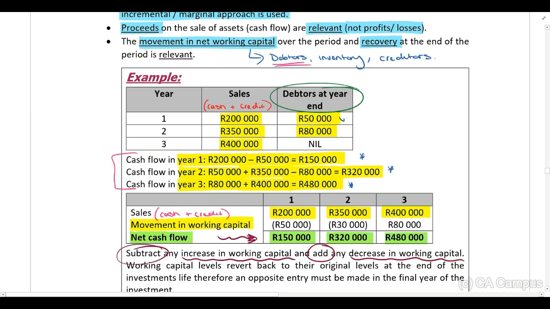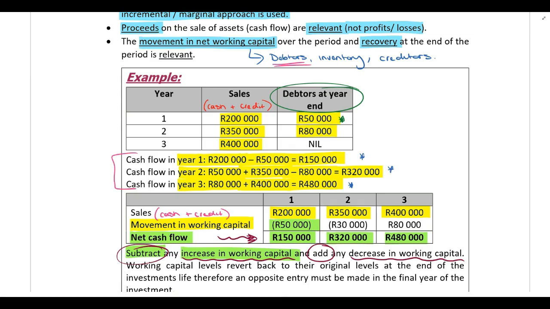At the end of year 1, we have a debtors balance of 50,000 Rand. So that means it increased from 0. I had a 0 debtors balance at the beginning of the year, and it's increased to 50,000 Rand. So what do we do? We subtract any increase in working capital. So I deduct 50,000 Rand in order to get my cash flow for year 1.